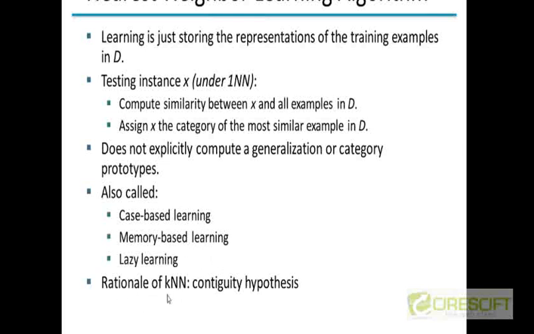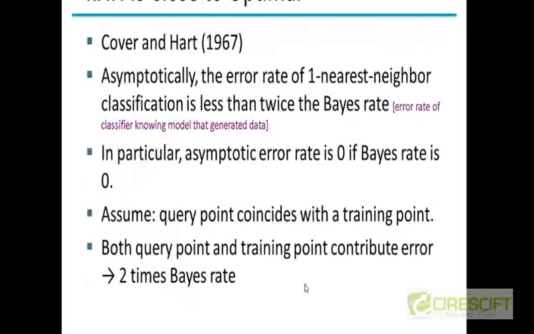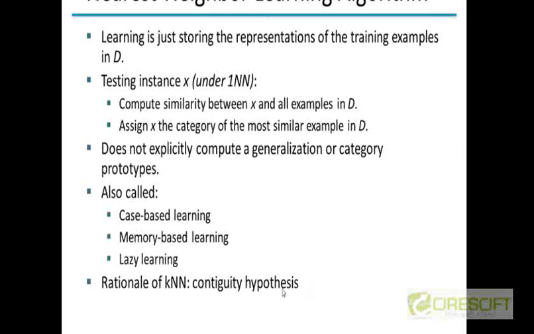Now the rationale of k nearest neighbor is the contiguity hypothesis. If the documents in a particular class form a contiguous region in space, and documents in another class form a separate contiguous region in space, then clearly it makes sense to take your test document and see which contiguous region it falls into by looking at its neighbors.